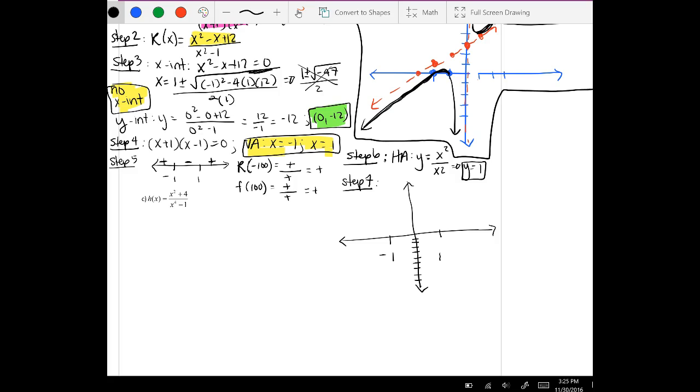I'm going to extend it a little bit more. Did I say 9 already? 10, 11, 12, okay. Here we go, on the top, let's do a couple. So my VA, the first one is going to be at negative 1. And the other one is positive 1. Okay. I have 2 VAs, meaning I should have 3 curves. Okay. I have an HA at y equals 1, so it goes like this.